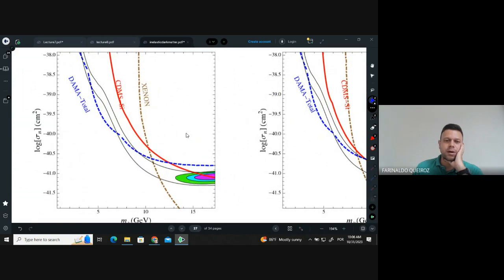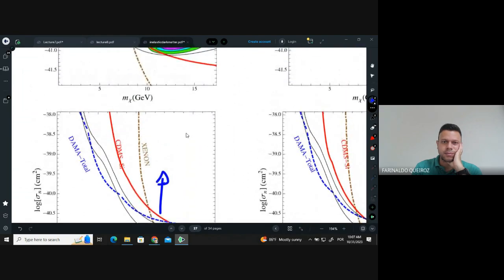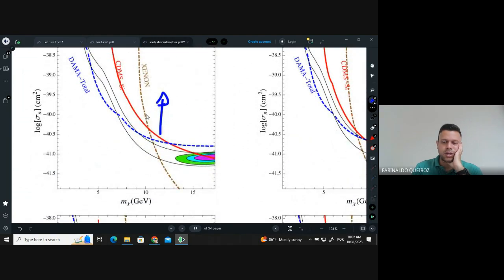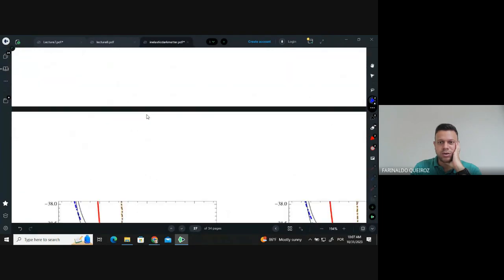Everything above the scattering cross-section is excluded, right? So you cannot have any event above. Now they're picking the mass and saying, look, if you want to explain DAMA and Cogent, you have to be within this best fit region. In this case, so far, there is no inelastic dark matter.